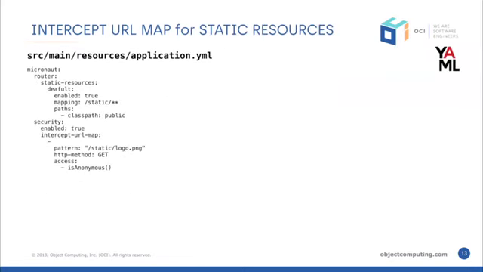For controller methods that I control in my own classes, I use the @Secured annotation, but the intercept URL map is a really useful feature.